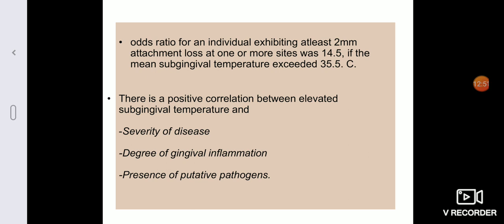Putative pathogens found in the periodontal pocket are more closely associated with higher temperatures. Putative periodontal pathogens such as Prevotella intermedia, Porphyromonas gingivalis, and Aggregatibacter actinomycetemcomitans, wherever they are detected, those areas are known to have higher temperature.